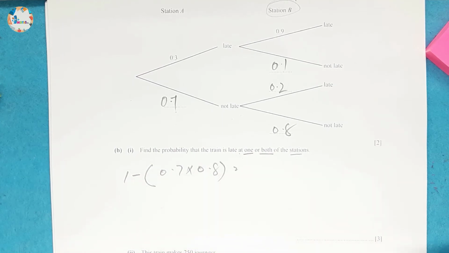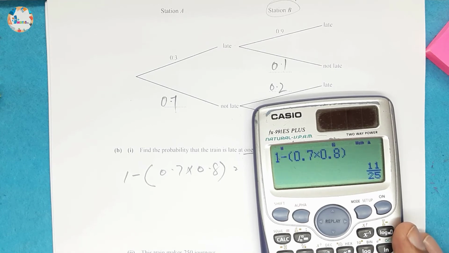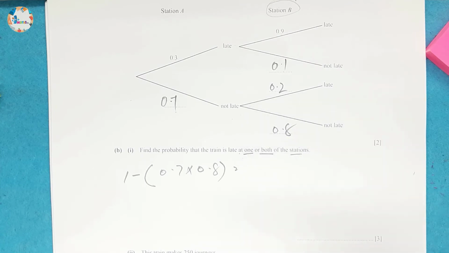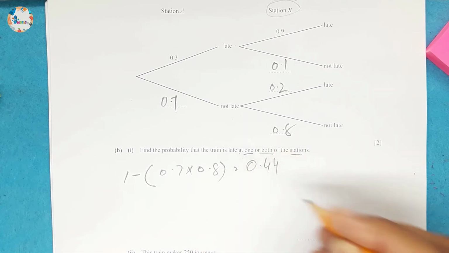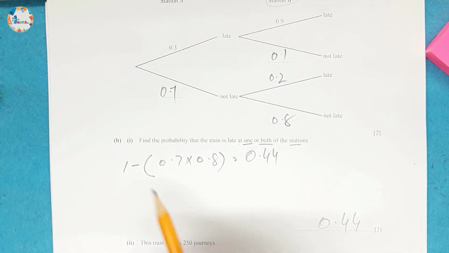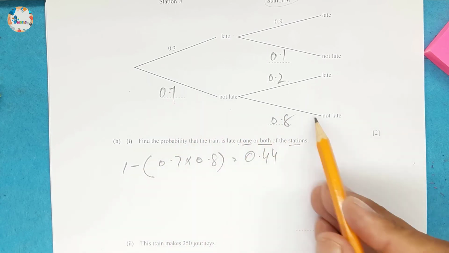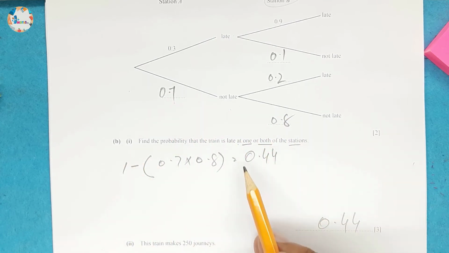So this will be equal to 1 minus 0.7 into 0.8, which is 11 over 25, or we can write 0.44. So 0.44 is the probability. What we have done is subtract both not late from 1, and we got the probability of 1 or 2 late.